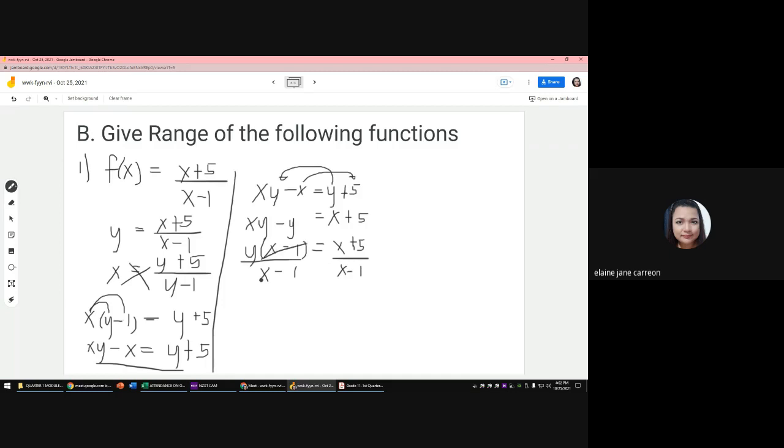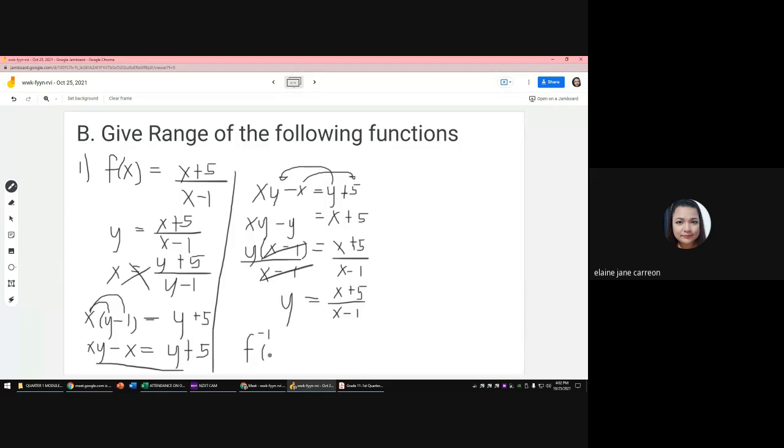We can cancel x minus 1 and x minus 1, and what remains on the left side is y, and we have x plus 5 over x minus 1. To determine what value of x cannot be substituted because this inverse will become undefined, we can equate x minus 1, the denominator, to 0.